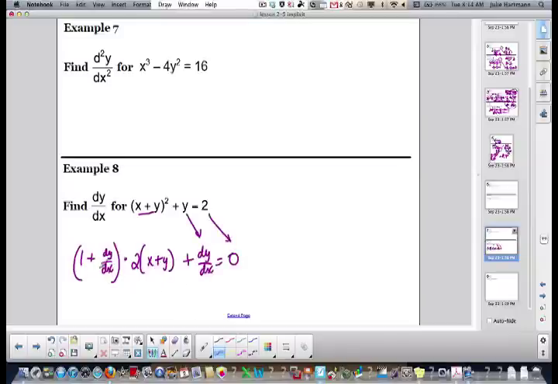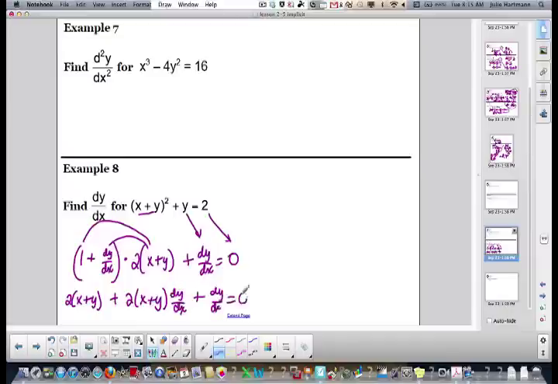So what happens here is basically the distributive property. You have this whole thing times 1 and the whole thing times dy/dx. That gives you 2 times (x plus y), plus 2 times (x plus y) dy/dx, plus the dy/dx equals 0. Subtract this one over, and I'm going to factor dy/dx out of here.